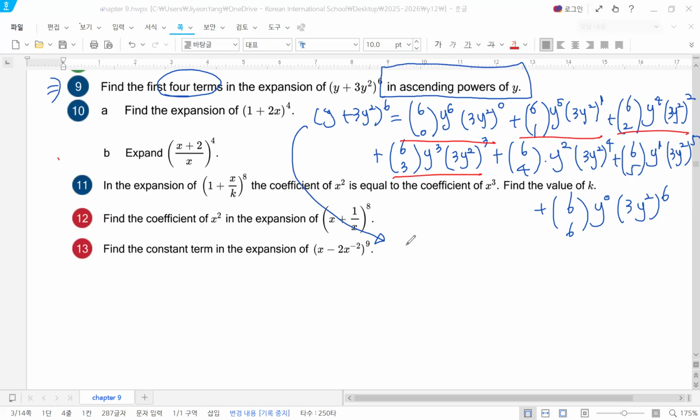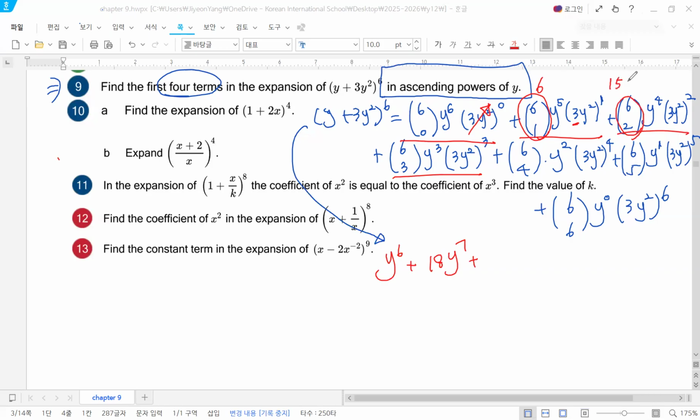The value is 1. And this one is 1, so only y to the power of 6 is left, plus 6C1, which is 6, and there is 3 here. What's the coefficient, students? 18. 18 times y to the power of what? 7. Plus what is 6C2?